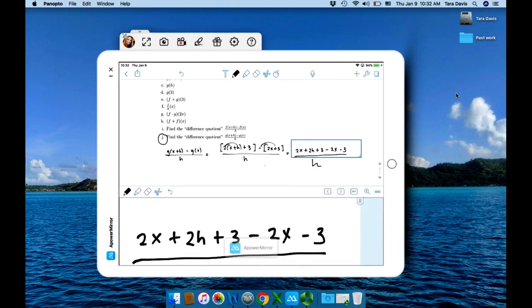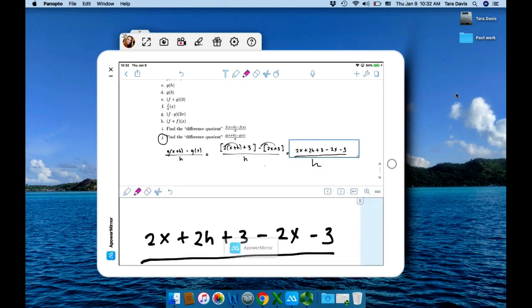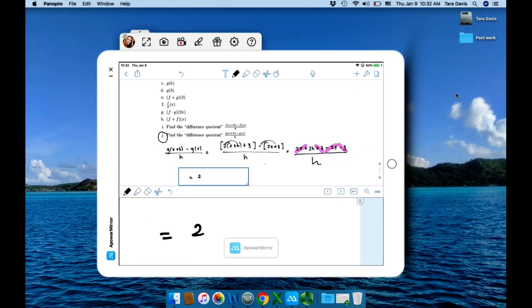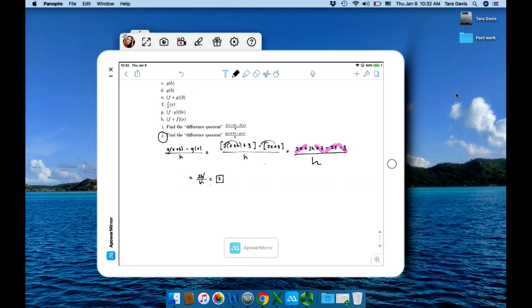So I'm going to look and see if anything cancels. 2x minus 2x equals 0, and 3 minus 3 equals 0. So at this point, we are only left with 2h over h, and h over h is equal to 1. So totally, the difference quotient simplifies quite a lot, as they often do, all the way down to 2.